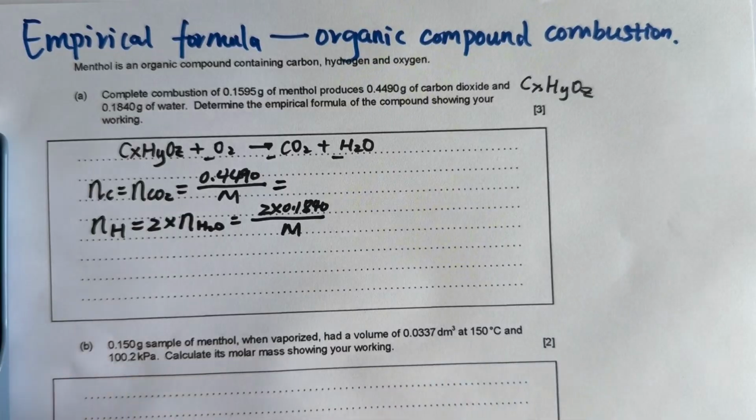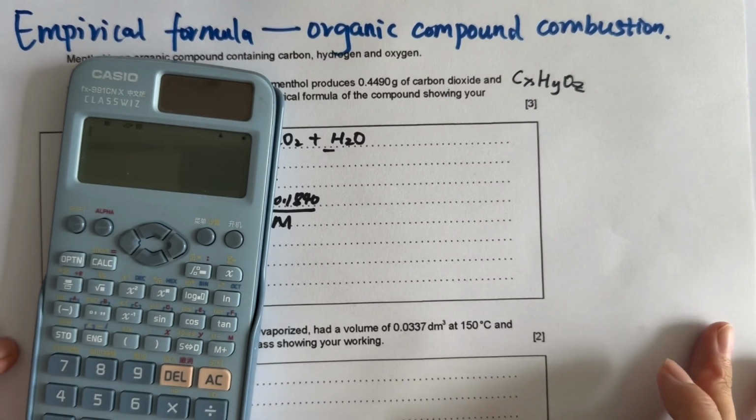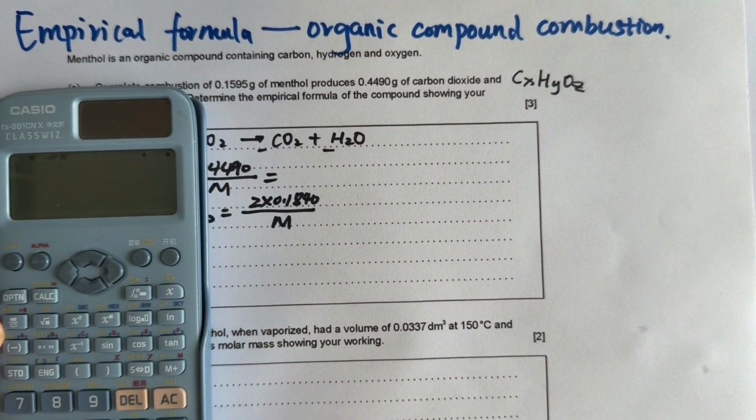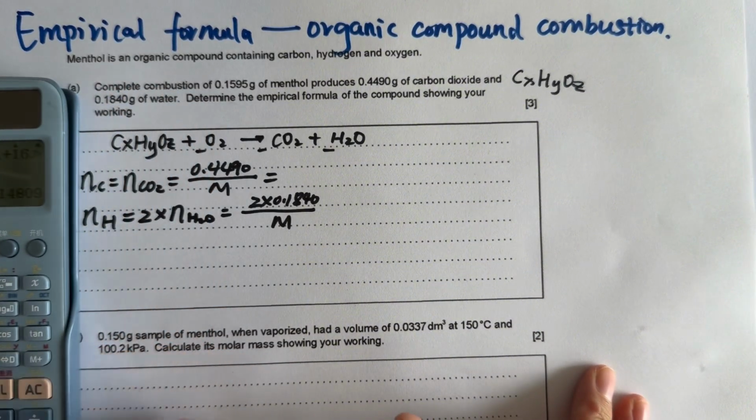So first, we use the calculator to calculate it. It will be 0.1049 divided by... please pay attention that for the atomic mass, you need to use what is provided in the data booklet, and it should be 2 decimal places.